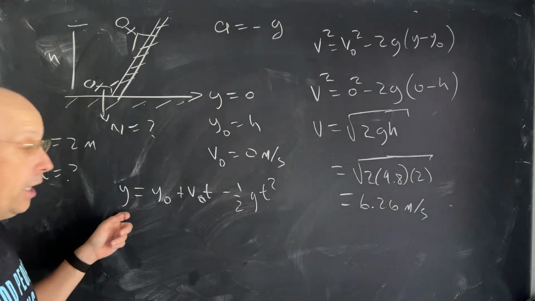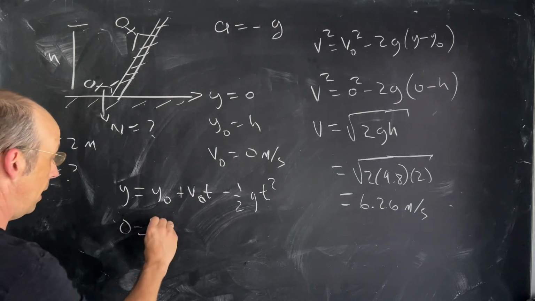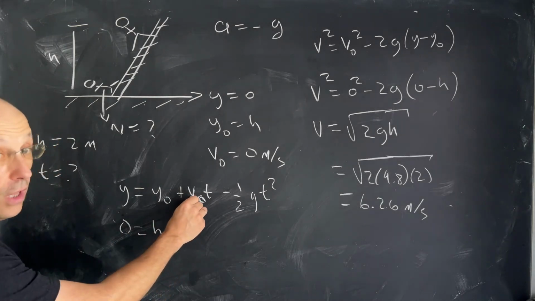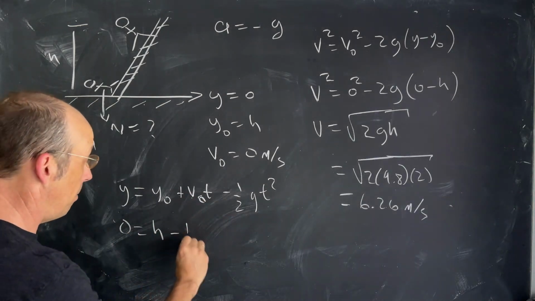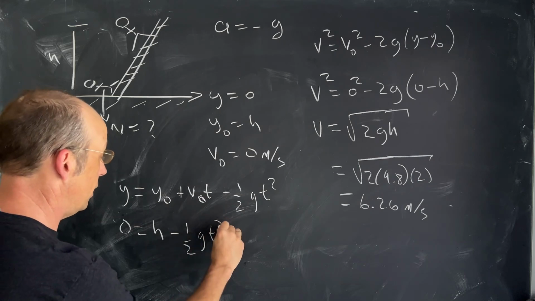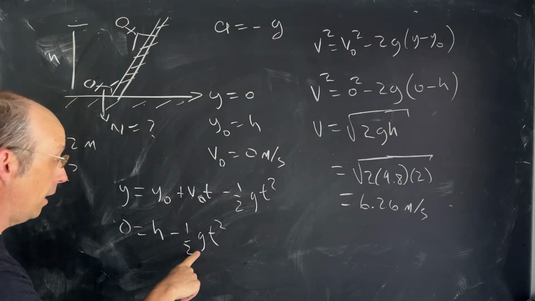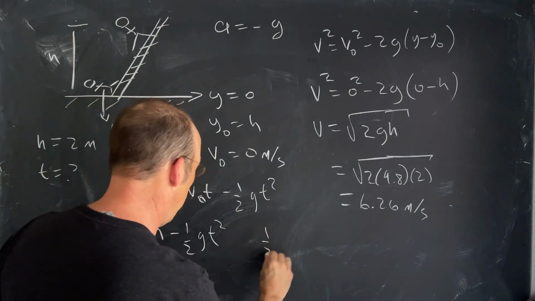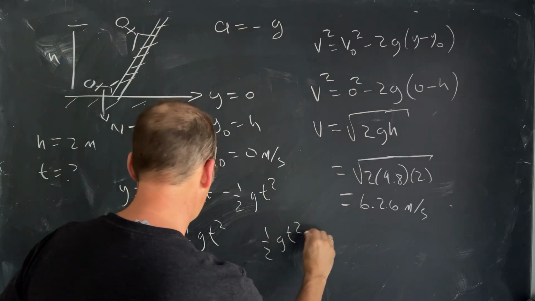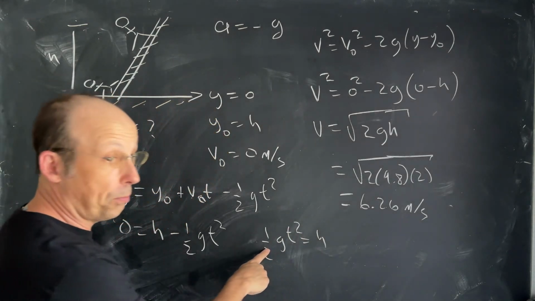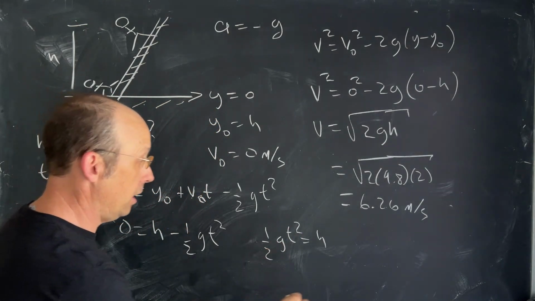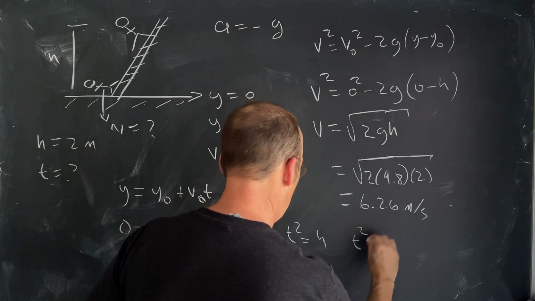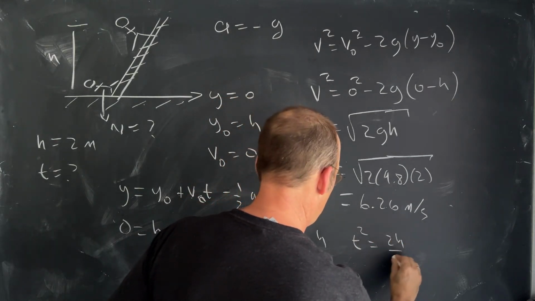Let's just put in everything we know. My final y is 0, my initial is h, my initial velocity is 0, so that term's gone, minus 1/2 g t squared. I want to solve for time, so let's add that to both sides. I get 1/2 g t squared equals h. I'm going to multiply by 2 and divide by g, and I get t squared is 2h over g.